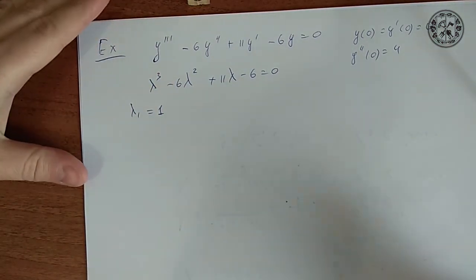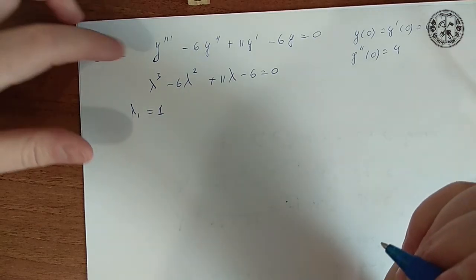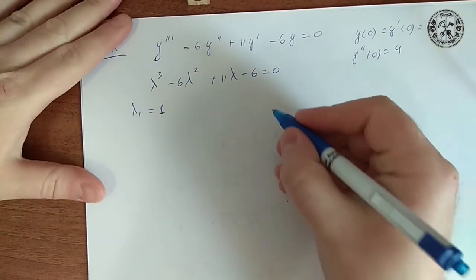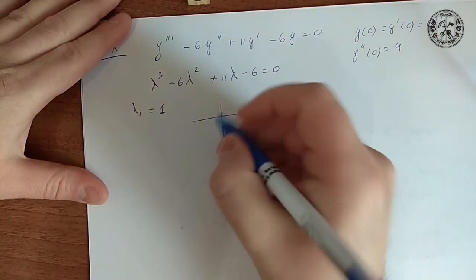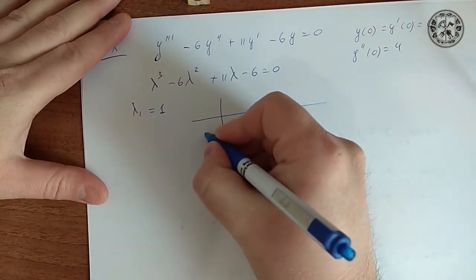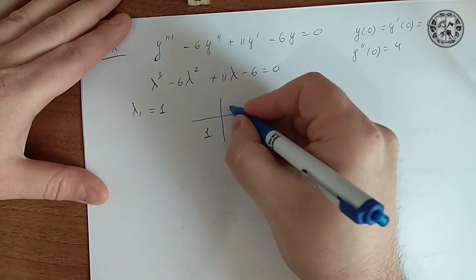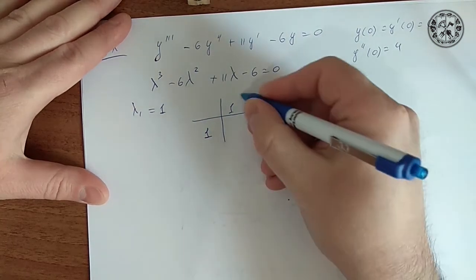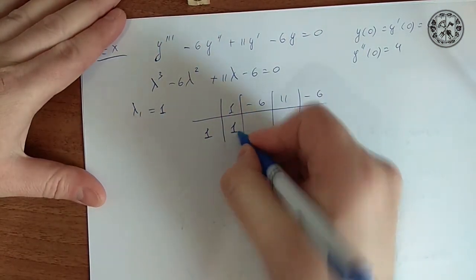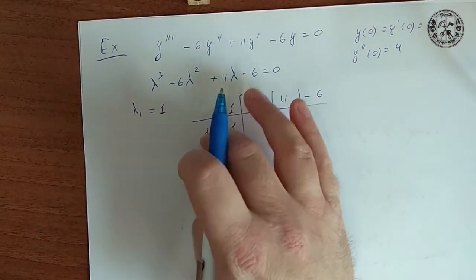Next, we use Horner's scheme to divide this polynomial by lambda minus 1. We just write down the coefficients of this equation, 1, minus 6, 11, minus 6. Here we put 1, and we just multiply this number by this number plus this number.